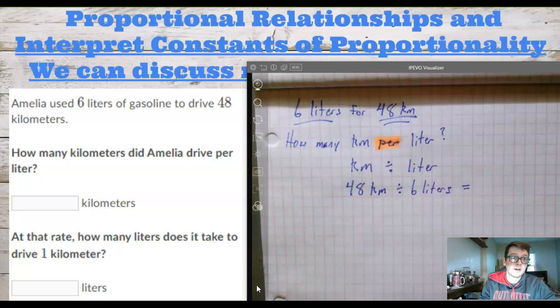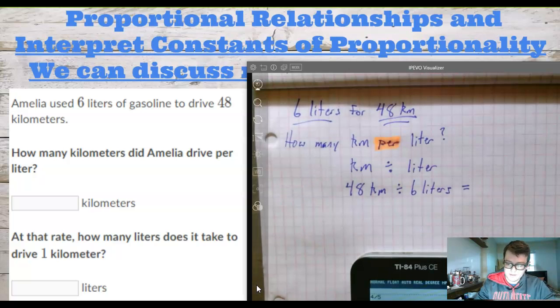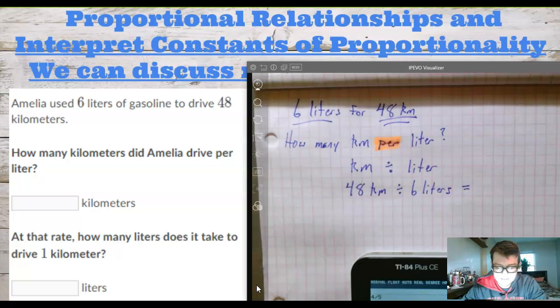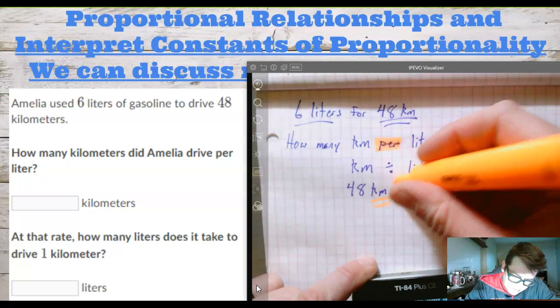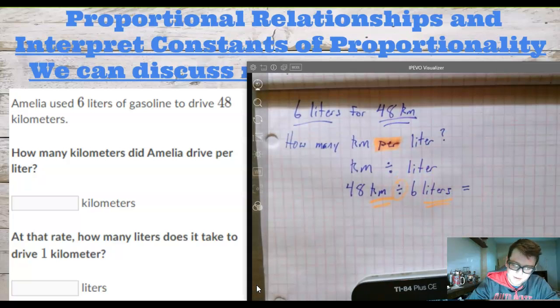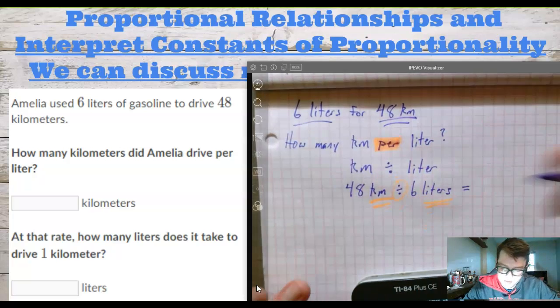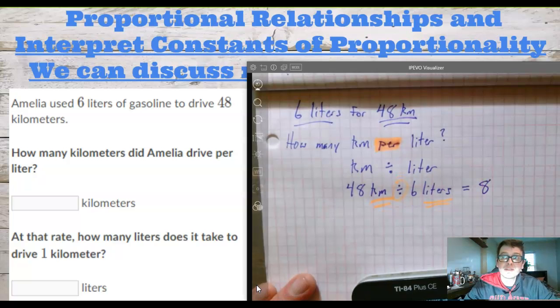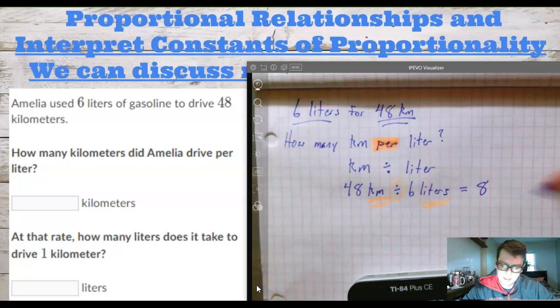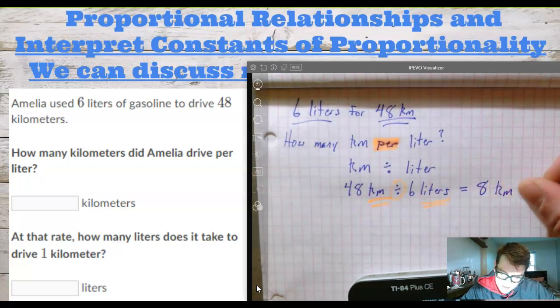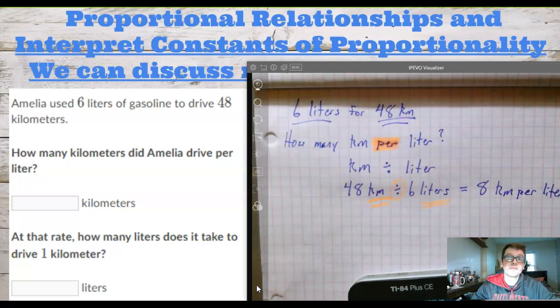When it says per, it tells us to divide. So 48 divided by 6, what do we get? It's 8, and our label comes from the question. It's kilometers per liter.